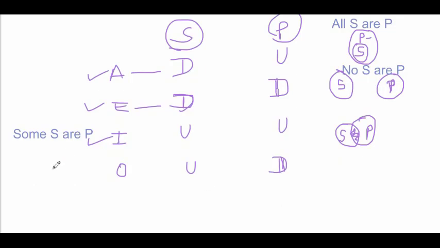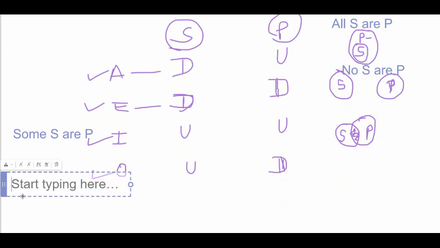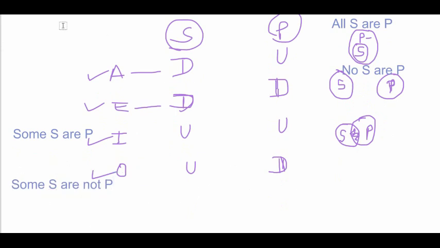Okay, now that is I. We covered the I. Now the O proposition type. In the O proposition type, we stated the logical form is "Some S are not P." Now the Venn diagram is similar to the I type.